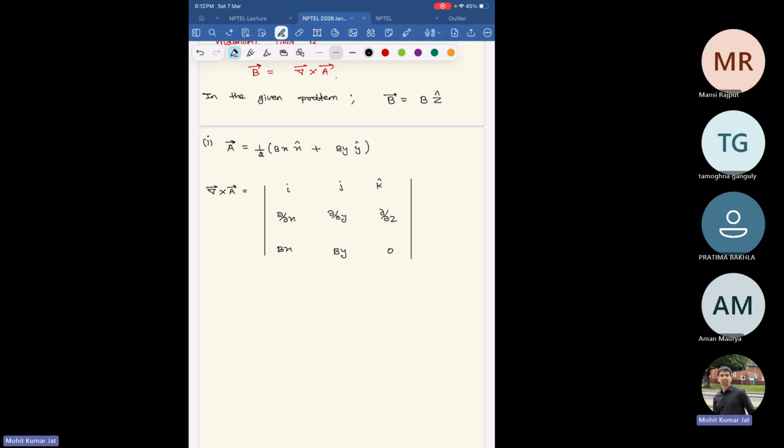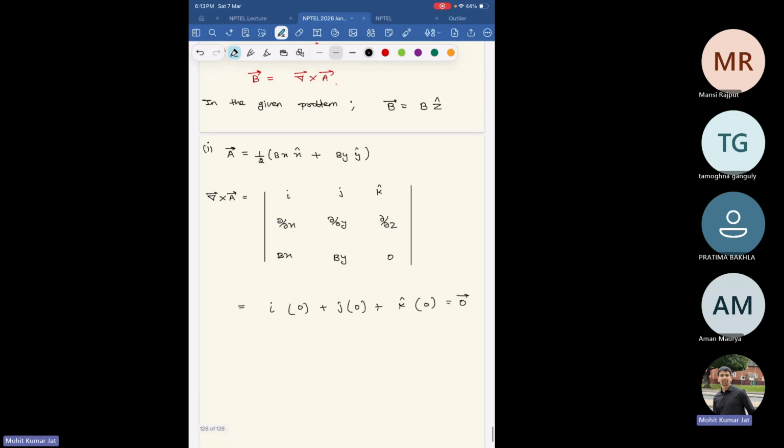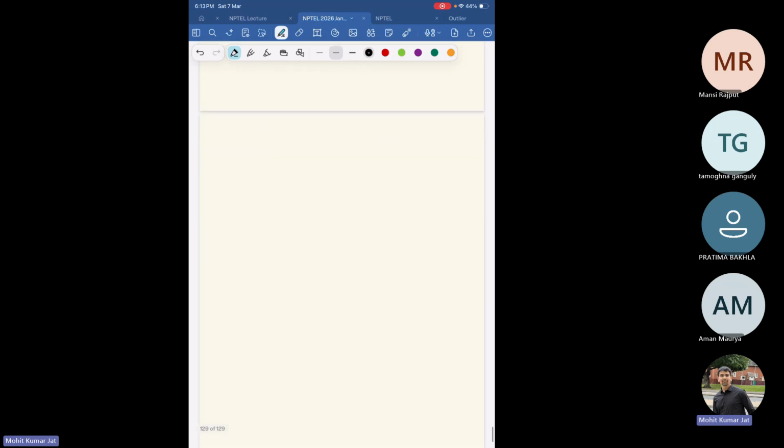Now, if you take the determinant of it, you will get 0 plus j cap to be 0 and plus k cap to be also 0. So this gives you 0. And this is not the solution because the curl of A has to be bz cap. So this is incorrect. Option A is not correct.